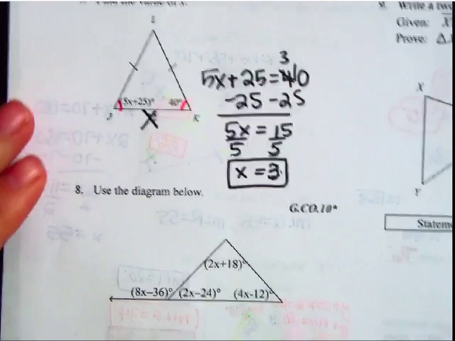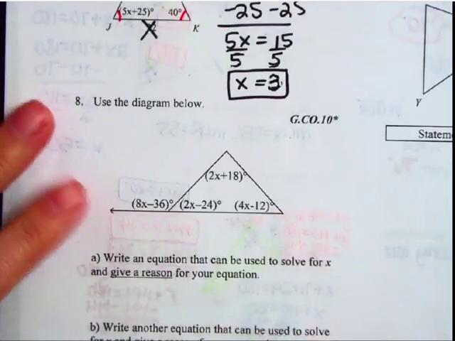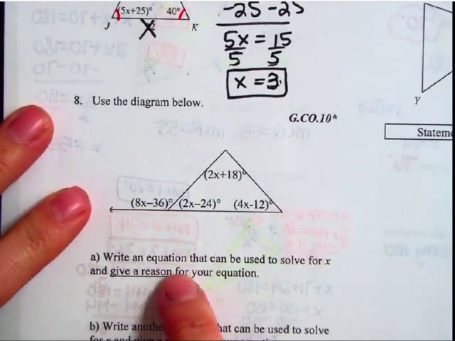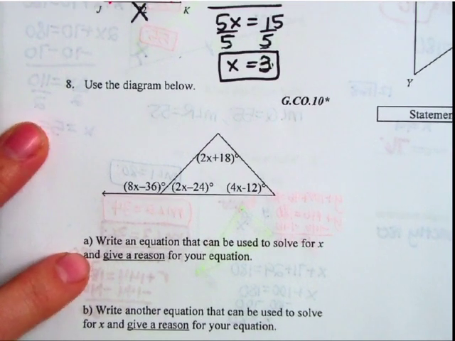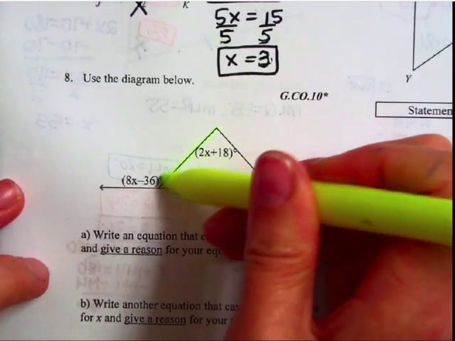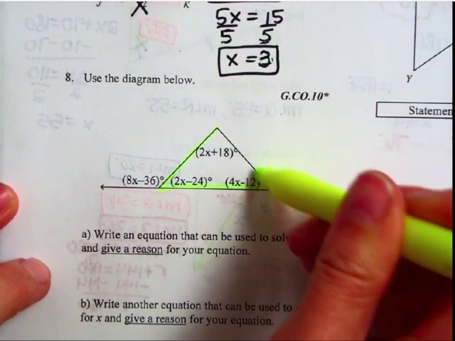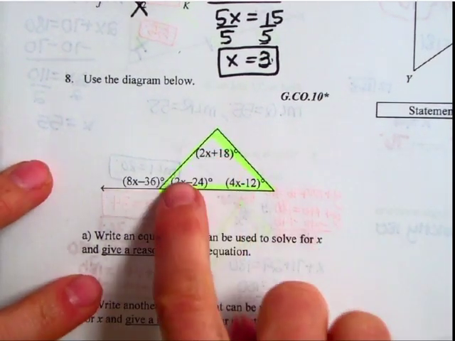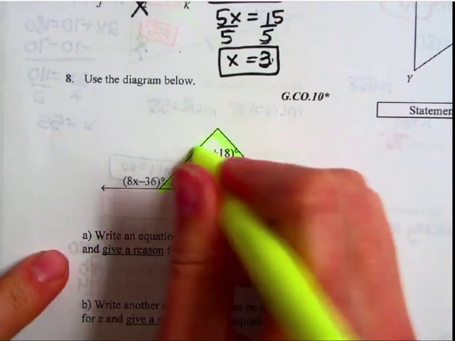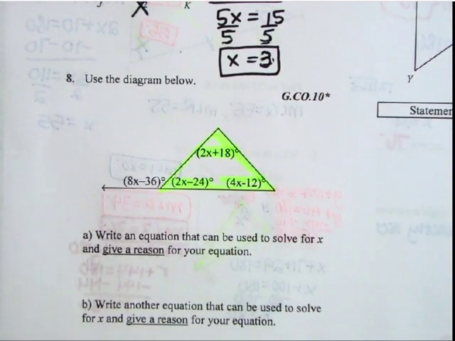All right, using this diagram below, we're going to write an equation that can be used to solve for x, and then we're going to give a reason. So when I look here, I can see that I have 3 angles inside of the triangle, the interior angles. We know that those 3 angles are going to add to equal 180 degrees.